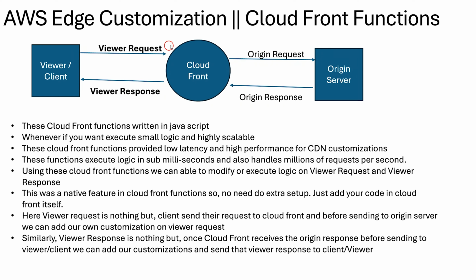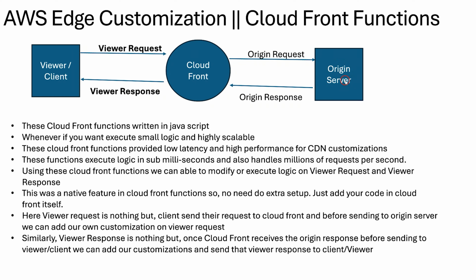For example, this CloudFront is located in India, and whoever sends a request to the CloudFront edge location, it will know the location. So it adds the language also, and sends the request to the origin server.